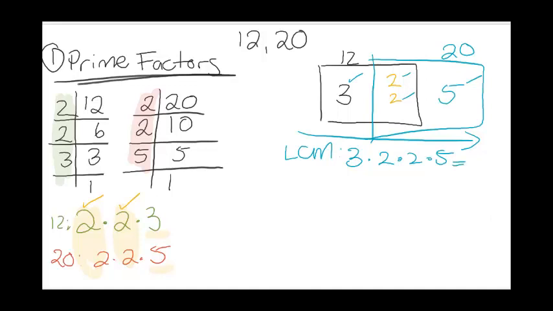This is 60. Next up, I'm going to do my highest common factor, and this one is really straightforward. All you're going to do is to take the ones that are shared. So the numbers that are shared are 2 times 2, which equals 4. And that is how you answer LCM HCF.